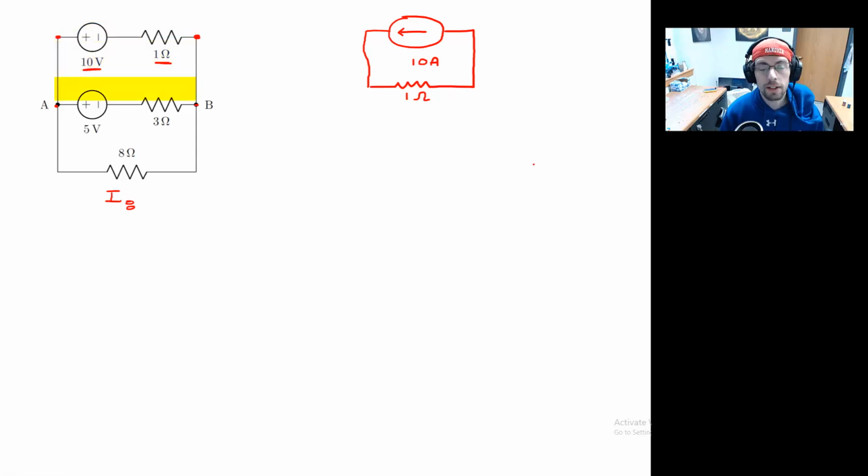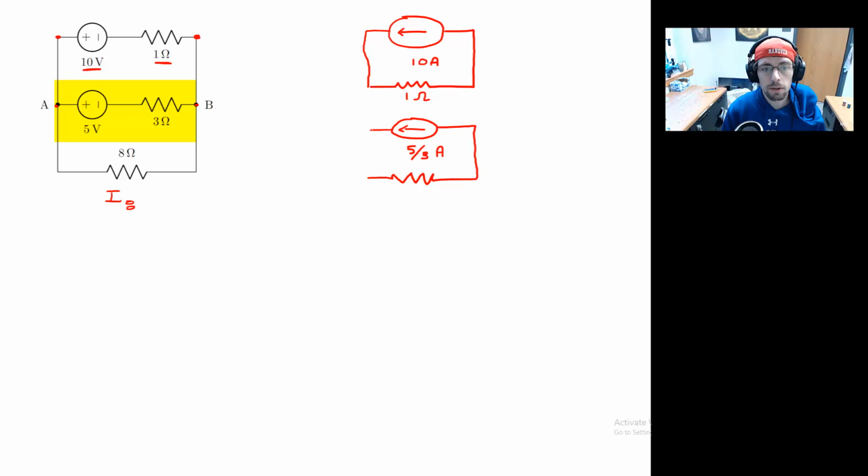Now, of course, let's go ahead to the second branch. I have a 5 volt supply and a 3 ohm resistor. So if I want to replace this potential supply with a current supply, that current supply must have a value of 5/3 of an amp. And again, I need to have that in parallel with my 3 ohm resistor.